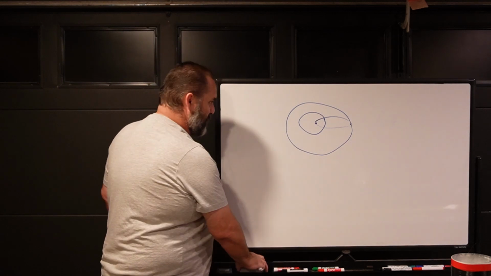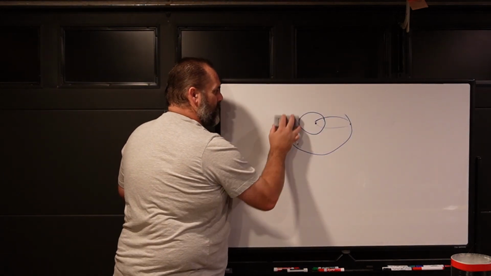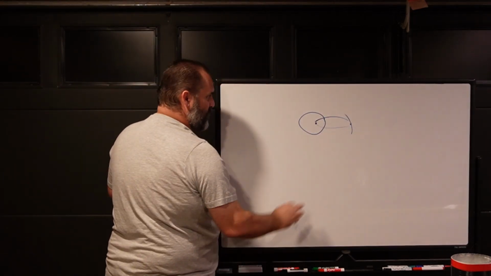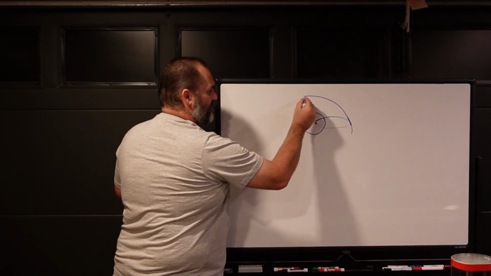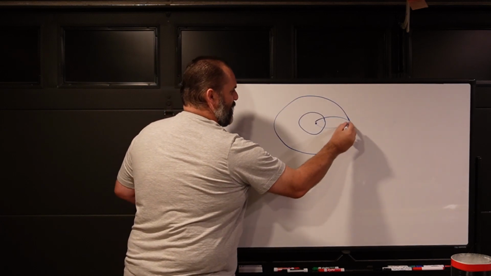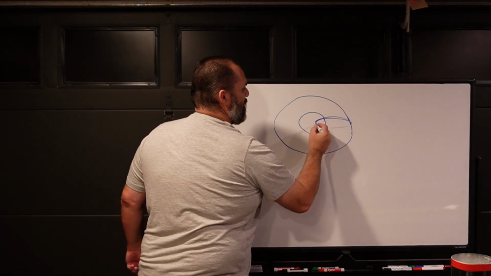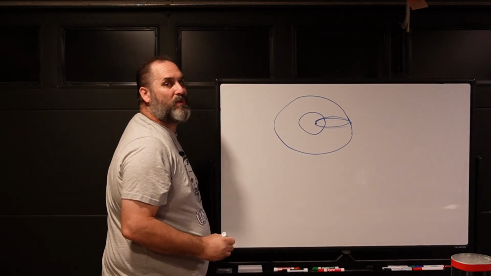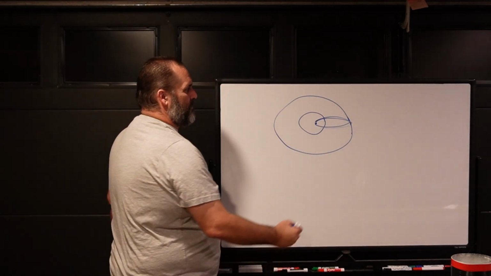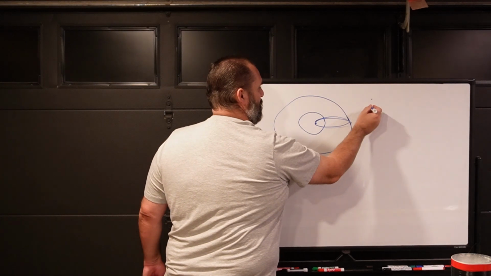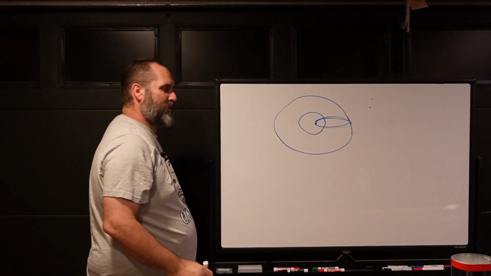sorry, I didn't draw a good circle there. I don't want you to think it's all egg shape or nothing. That's a little better. But you see it. It builds out. That's a ratio. There you go.